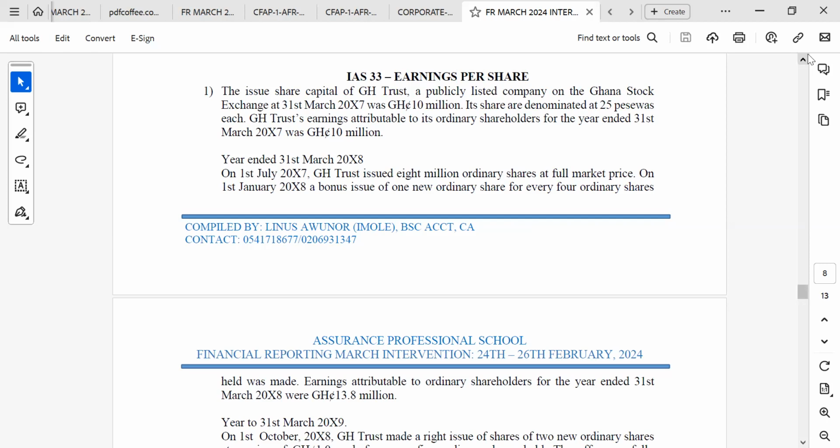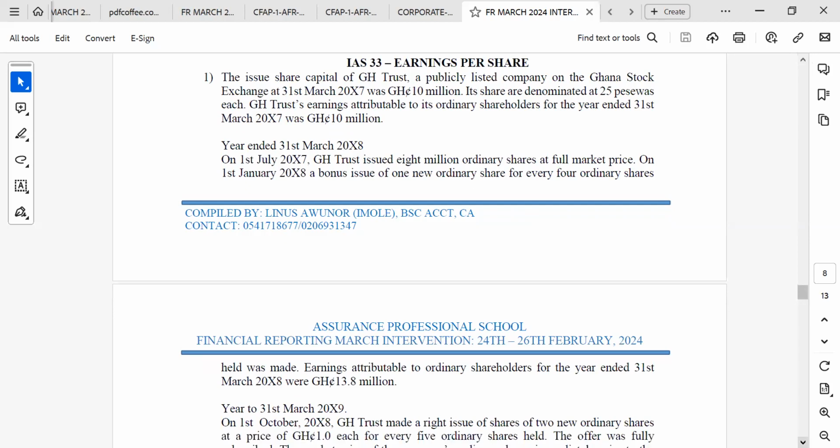Question 1. IAS 33 earnings per share. The issued share capital of GH Trust, a publicly listed company on the Ghana Stock Exchange, at 31 March 20x7 was 10 million cedis. Its shares are denominated at 25 pesos each. GH Trust's earnings attributable to its ordinary shareholders for the year ended 31st March 20x7 was 10 million cedis.